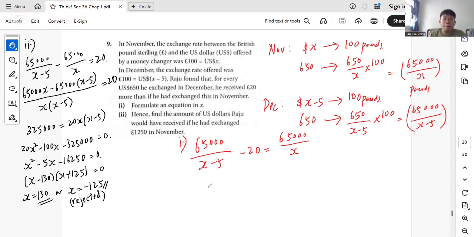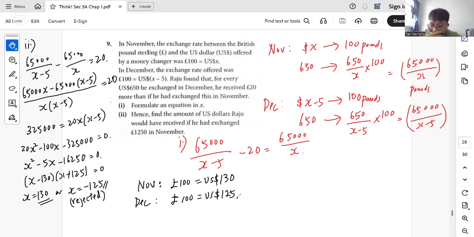That means for November, the rate is 100 pounds equals 130 USD. But for December, 100 pounds is only 125 USD. So December is way better, because you use less USD to change.